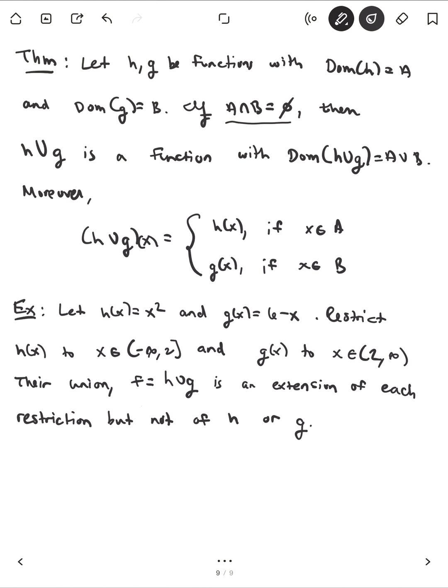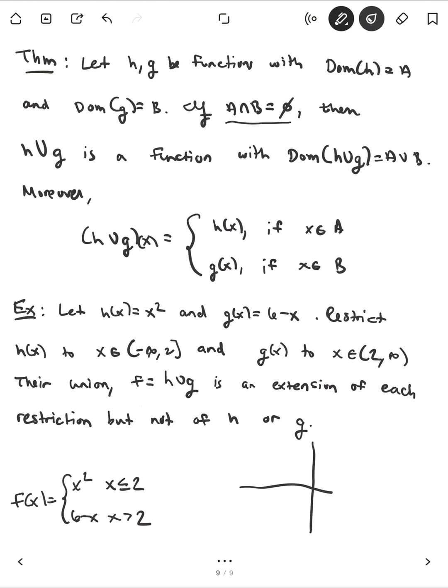Because recall the domains of H and G are all real numbers, and so we restrict it, then we combine the union, and so F is an extension of those restrictions. And so F of X, let me draw this to the side here so I can draw a picture. So F of X equals X squared for X less than or equal to 2, and 6 minus X for X greater than 2.